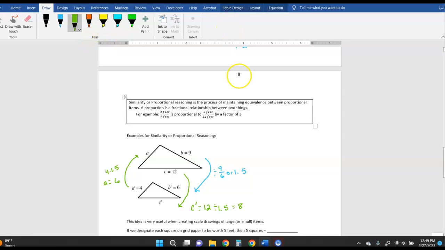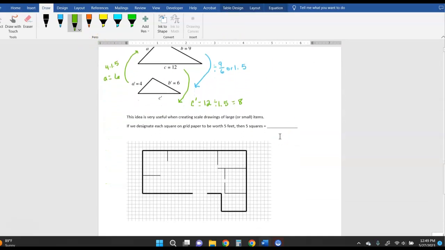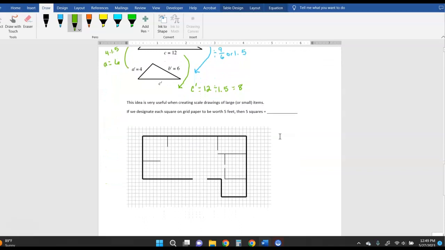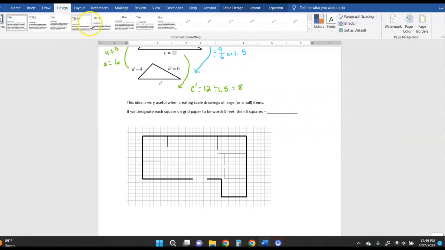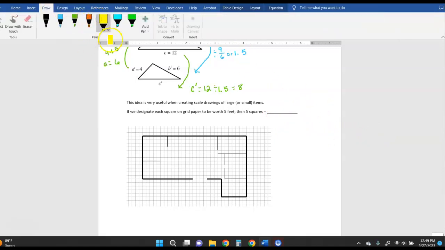The other way we can do this is by thinking about it in terms of, again, scaling. So we're making things either larger or smaller depending on how we go about this. And so we want to create this idea of a scale drawing. So if each square is worth 5 feet, then 5 squares is going to equal 25 feet.